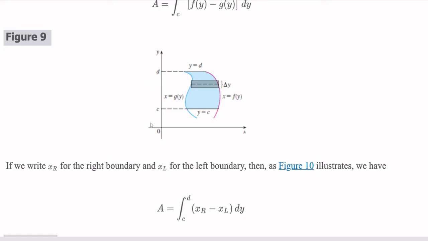So you got to remind yourself that this is the positive y direction, and so we're always going this way, right? So before, when you had a to b, a was always the smaller bound, and then you went up to b. So how does that work here? Well, c will be the smaller bound, so down here, up to d.